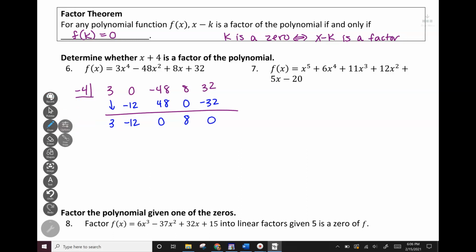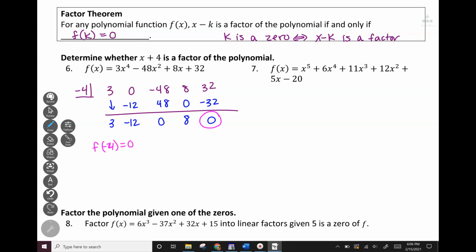Now since your remainder here is 0, we know a couple of things. Based on what we just looked at on the previous page, that means -4 is a 0 of the polynomial. So we know f of -4 equals 0. Therefore, -4 is a 0.